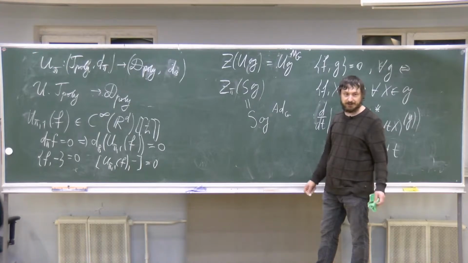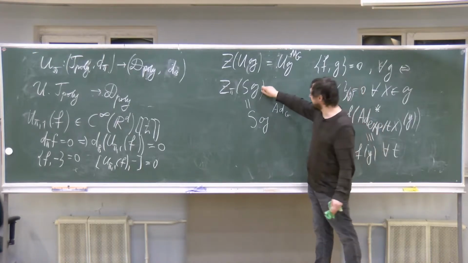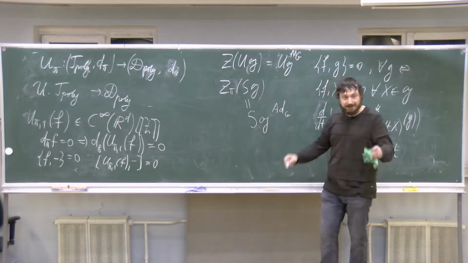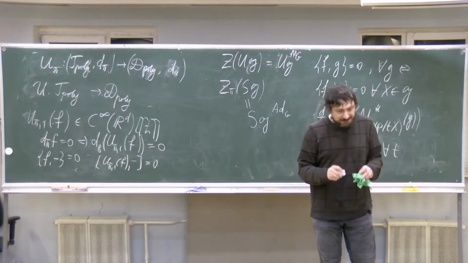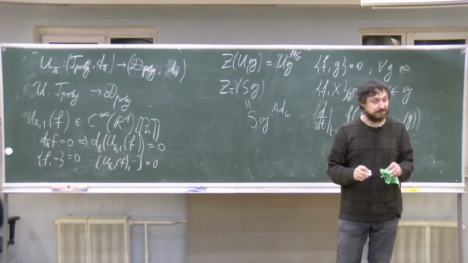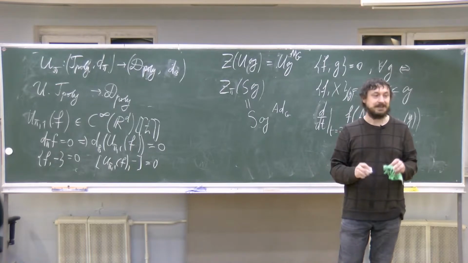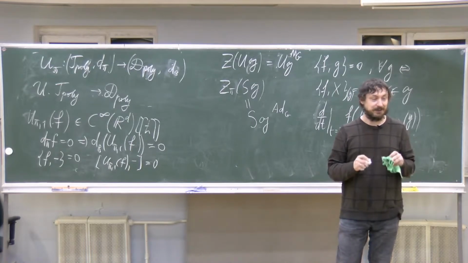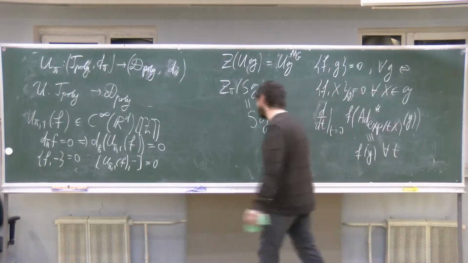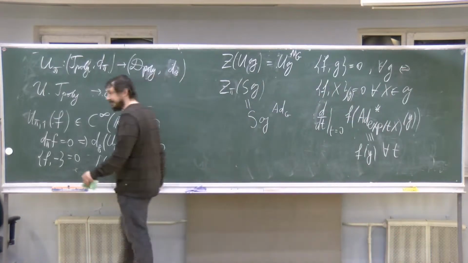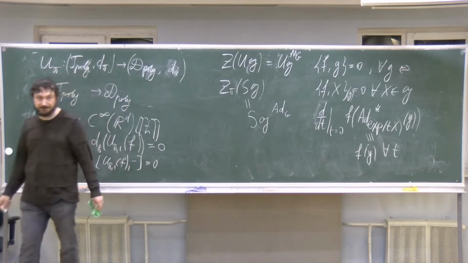It commutes with the action of the Lie group, so it sends this center into this center. However, this anti-symmetrization map does not commute with the product. So this linear isomorphism is not an isomorphism of algebras. So it turns out, however, that this map is an isomorphism of algebras.